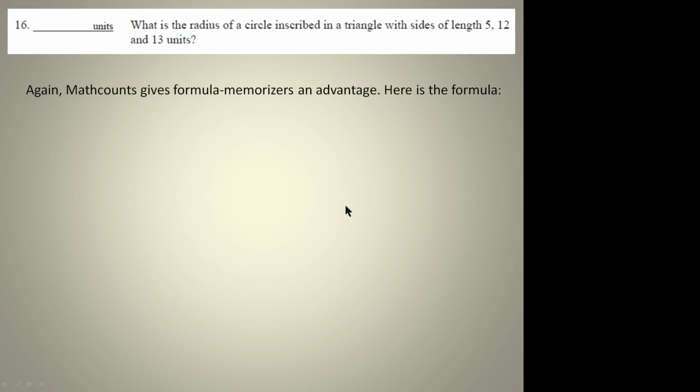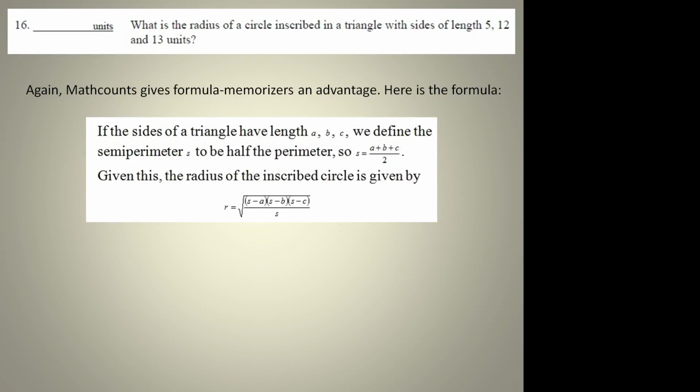Another way, of course, if you want a sure answer, is to use a formula that will be handy. If the sides of a triangle have lengths A, B, and C, we define the semiperimeter S to be half of the perimeter.